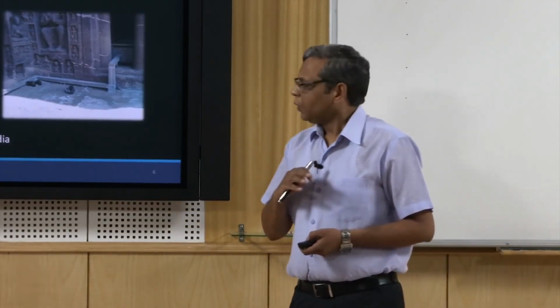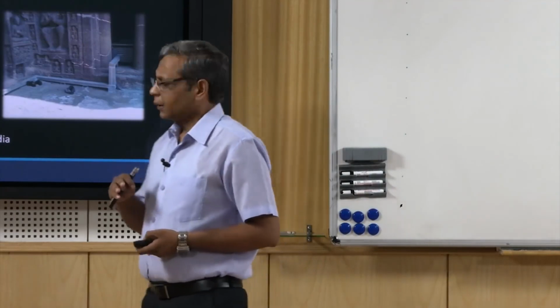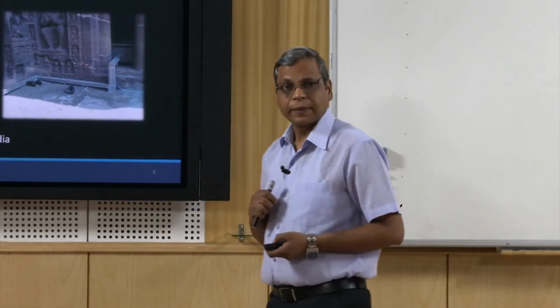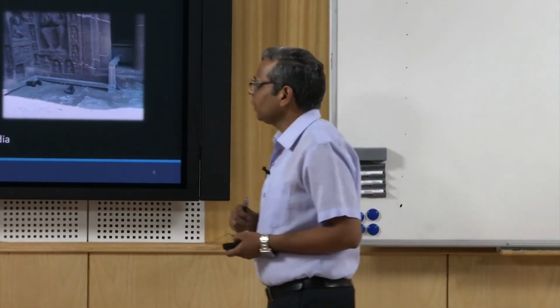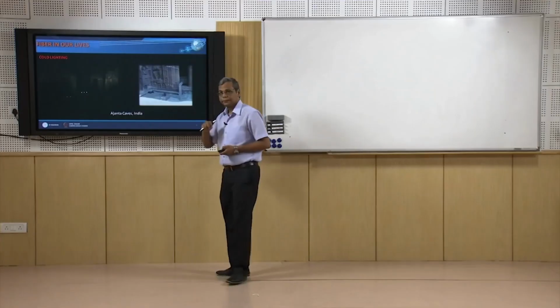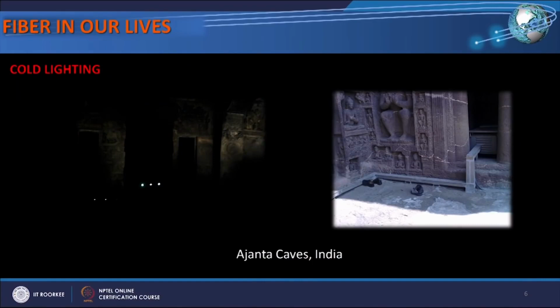So to address this issue, what can be done? You can put the lamp outside. For example, in these Ajanta caves, you put the lamp outside, take the light using an optical fiber bundle, the fiber is running along this, and then take this fiber bundle inside the cave and illuminate it.